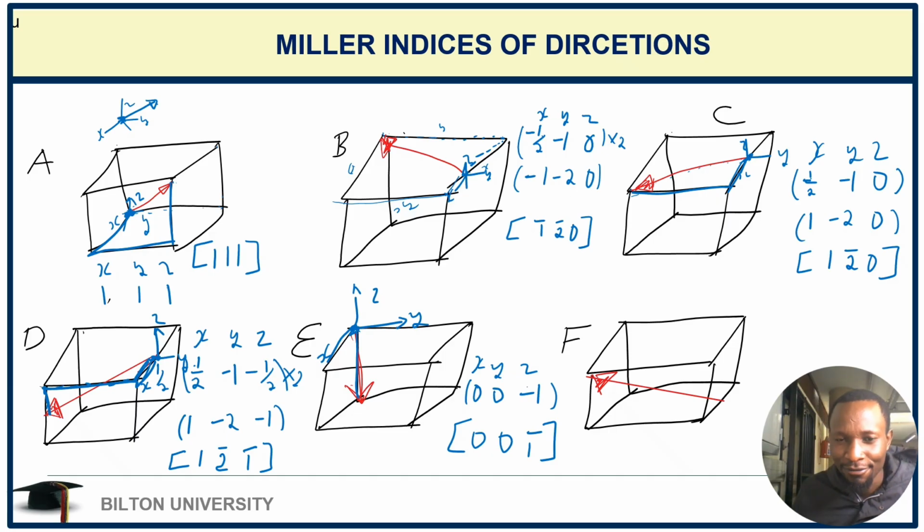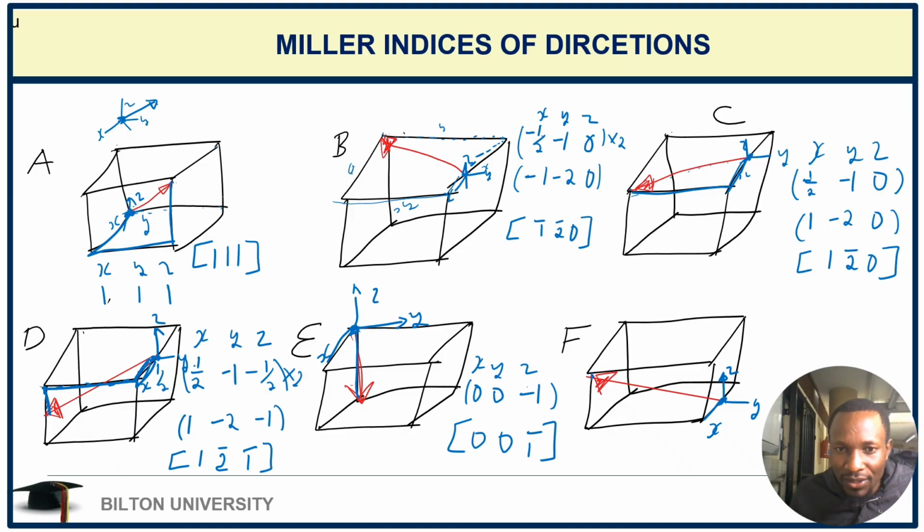Let's do F. Now look at F. This F starts from this point, and therefore this is our origin, and it ends here. This is the tip. So if this is our origin, then this becomes our X, this becomes our Y coordinate, and this is our Z. For me to come to this tip, I cannot move this way, I'm going to miss this point.